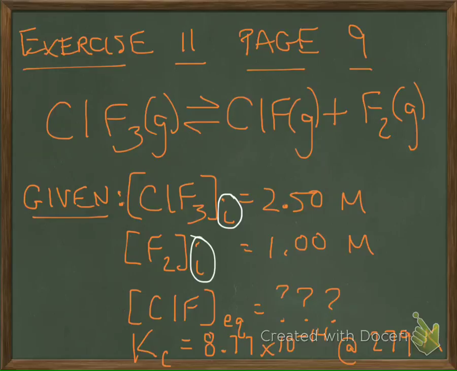We are trying to find the equilibrium concentration for ClF. Another piece of information that we're given, unlike the last problem, is that the equilibrium constant is 8.77 times 10 to the negative 14th at 279 Kelvin.